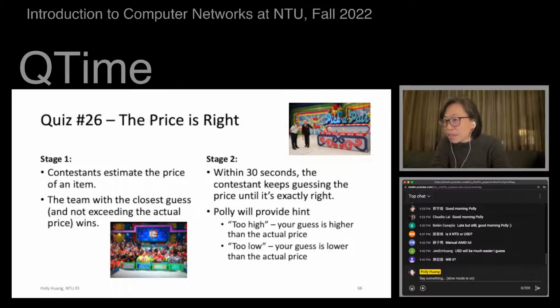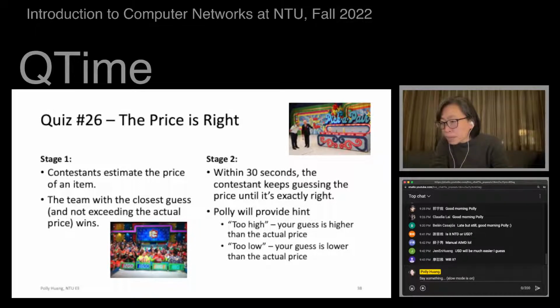Aaron was asking, are the prices going to be in US dollars or NT dollars? Let's just do NT dollars. So if you know the price in US dollars, try to convert it based on the recent exchange rate.